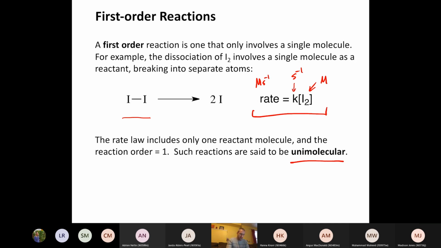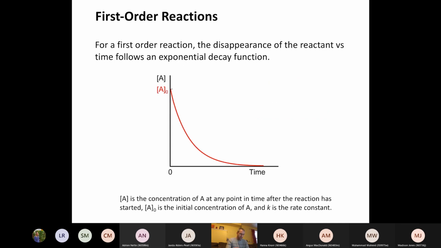First order reactions, yeah, there we go, we're good. A first order reaction looks like this. At the beginning, you have a high concentration of your starting material. So again, the rate at any point in time on this graph is going to be equal to k times the concentration of I2.